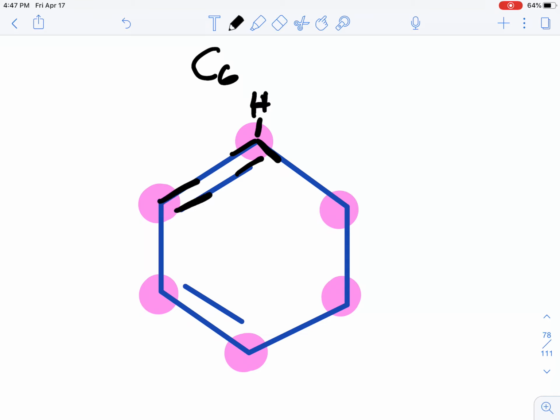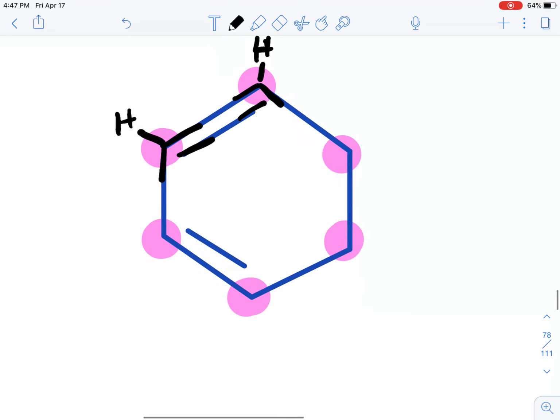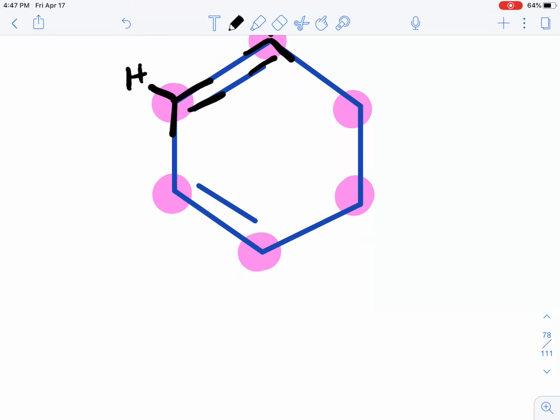Here I have 1, 2, 3 bonds. So that means I need one more hydrogen. 1, 2, 3 bonds. That requires another hydrogen. 1, 2, 3 bonds. And that requires another hydrogen to make 4 bonds on the carbon. Now if I look at this carbon, I have 1, 2 bonds.